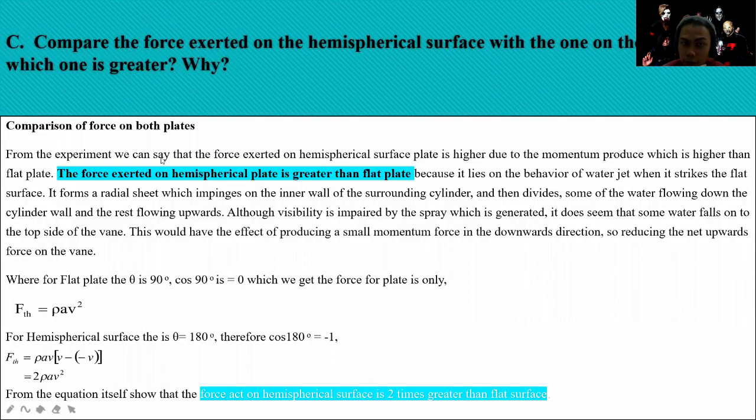Next, compare the force exerted on the hemispherical surface with the one on the flat plate, which one is greater and why. From the experiment, we can see that the force exerted on the hemispherical surface is higher due to the momentum produced, which is higher than the flat plate.